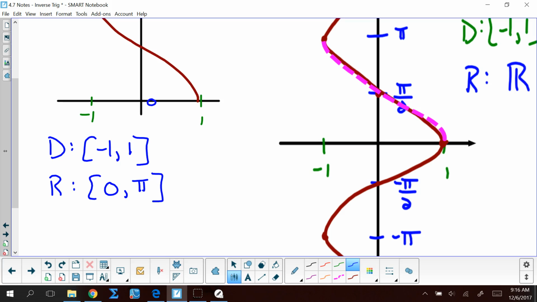I said with inverse sine, we were on the right. With cosine now, with inverse cosine, with arc cosine, where are we? We were on the right with sine. Where are we now with cosine? On the top. We're on the top half of the unit circle.